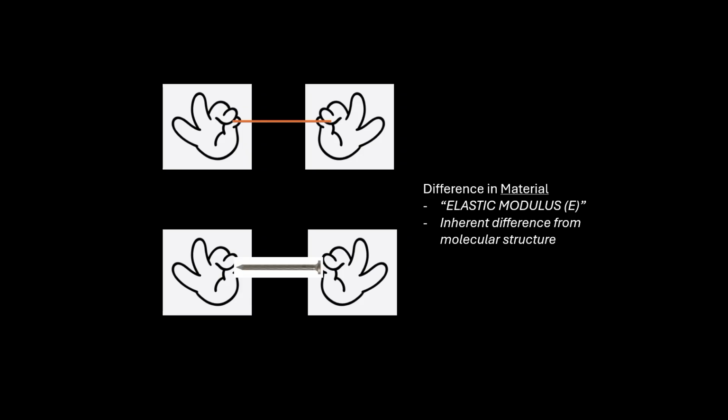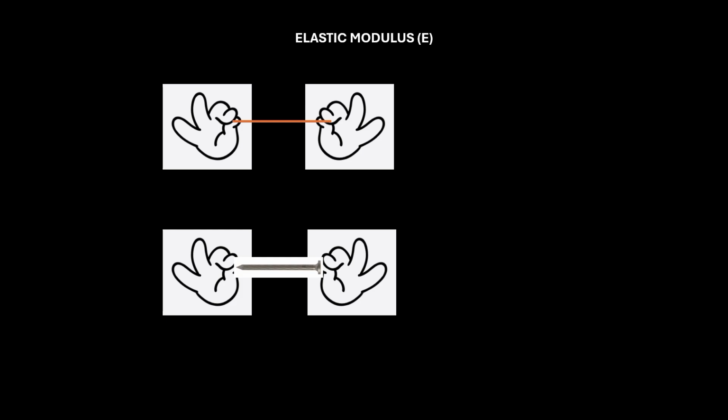And this comes from the molecular structure of the materials themselves. The carbon and iron atoms in the steel are going to hold on to each other tighter than the carbon and hydrogen and oxygen in the rubber band. And to describe the elastic modulus, essentially what we do is we plot how hard we pull and how far it stretches, and we experimentally do this and look at the curve that arises from it.